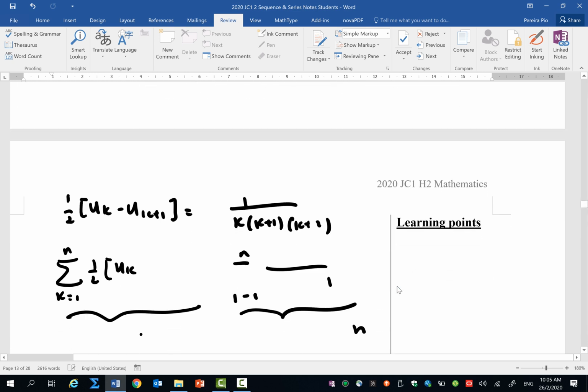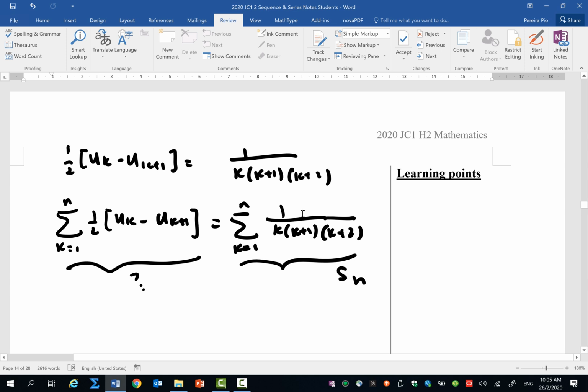Then, because I want to find Sn, which is the sum of these terms from k equals 1 to n, what I am doing here is summing on both sides from k equals 1 to n. The right hand side will be Sn.